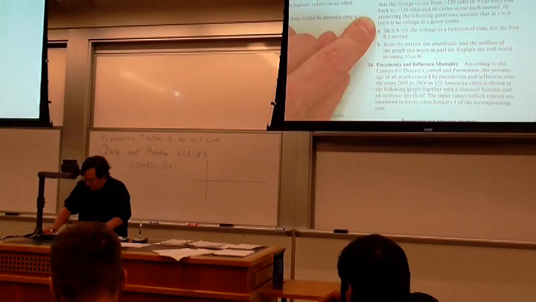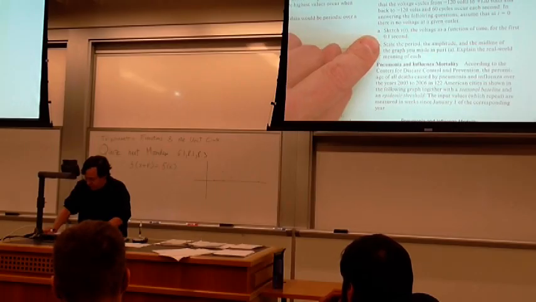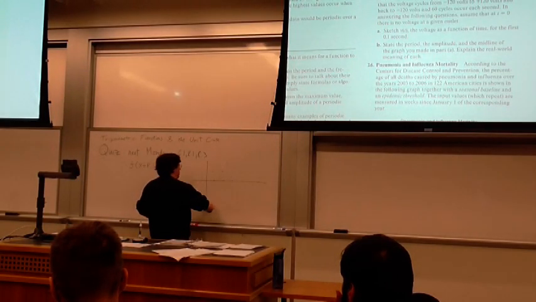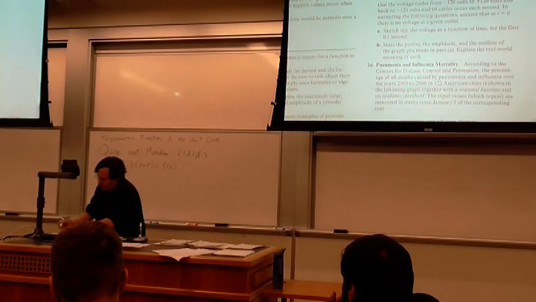Okay, assume at t equals 0, the voltage is 0. Sketch the voltage as a function of time for the first 0.1 seconds. I guess I'll do this on the overhead.